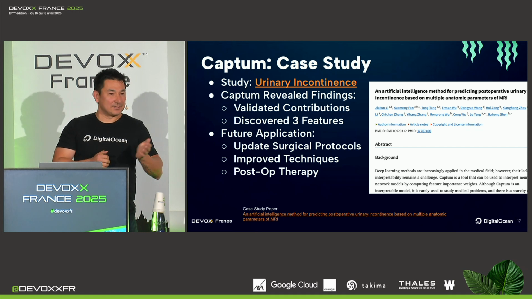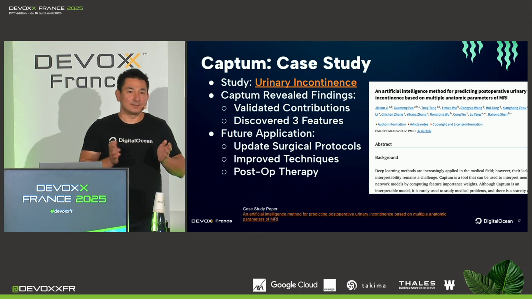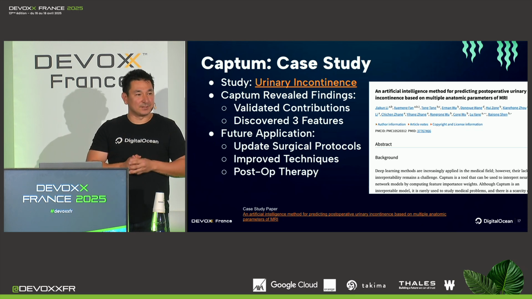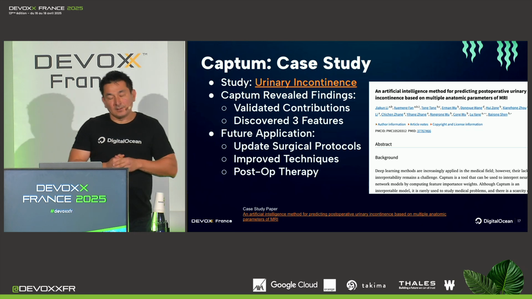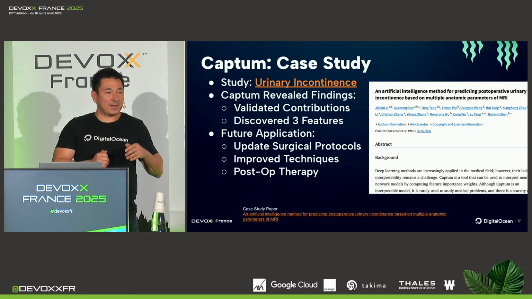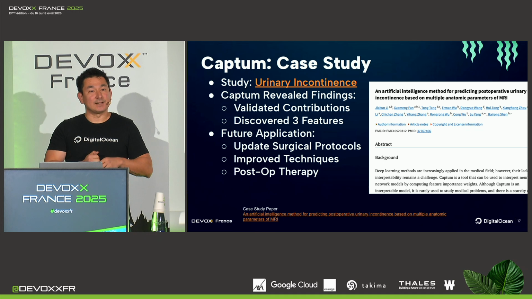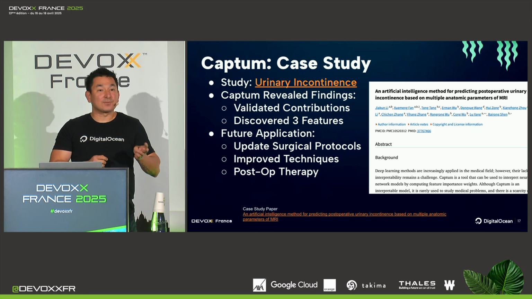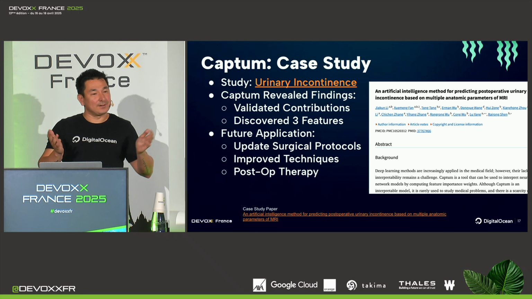And they understood that there were 3 or 4 criteria or indicators that would say, hey, this person probably suffers from urinary incontinence. But what they didn't realize was that by using Captum to understand how these things were getting classified by their machine learning models, they ended up discovering 3 other key factors that they didn't know about before.